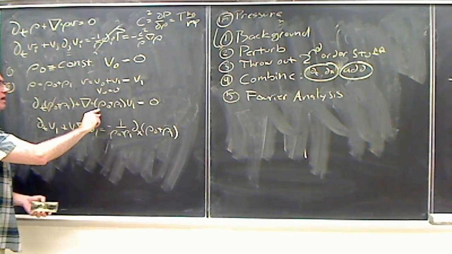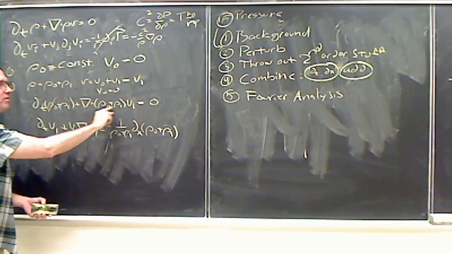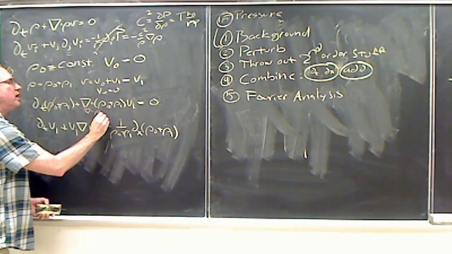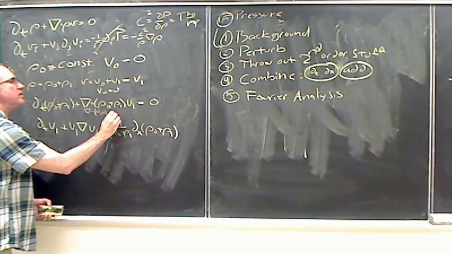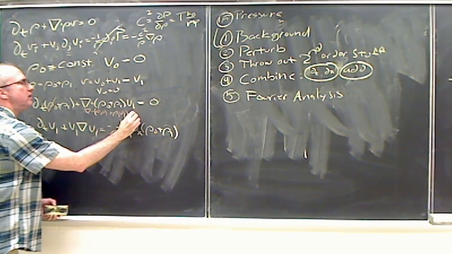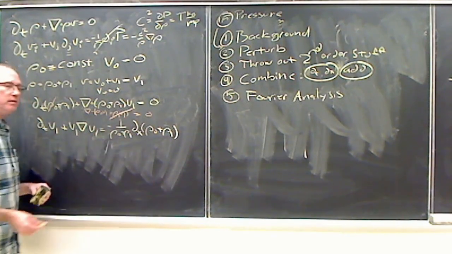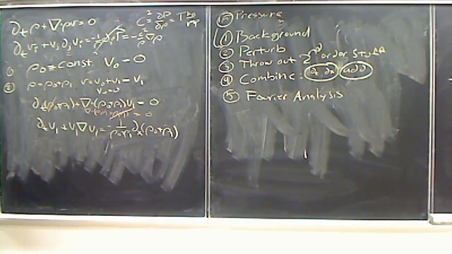Now we've got to expand this. So we'll expand this as grad rho naught v1 plus rho 1 v1 equals 0. Now I'm going to throw out all the things that are small twice. So what I get to throw out is this rho 1 v1, because that's 2 small things.